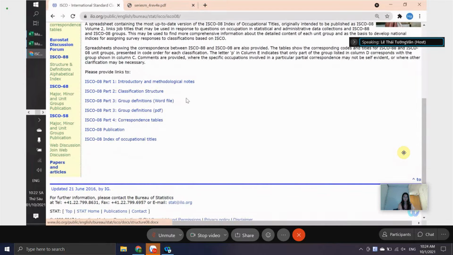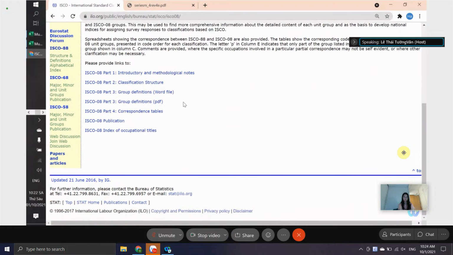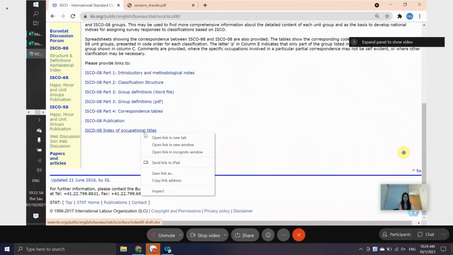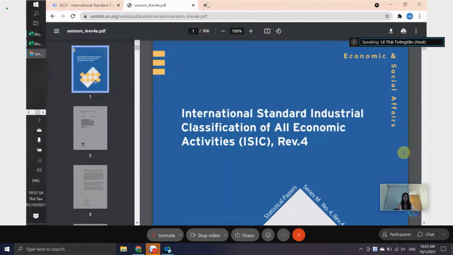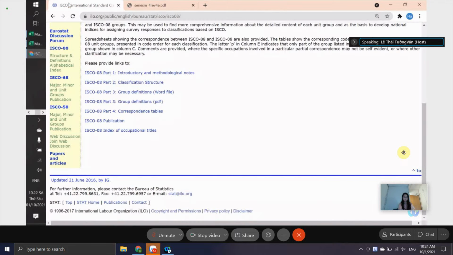If you look at the classification structure, you may see that the workers are classified into groups. So the first groups will be leaders, managers, and so on. That is the skill set that they have. And then you would have high skilled workers.